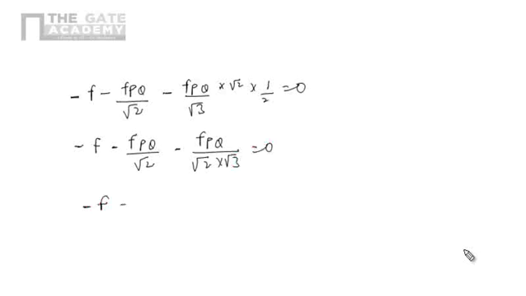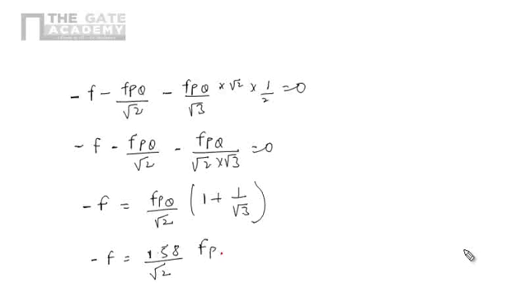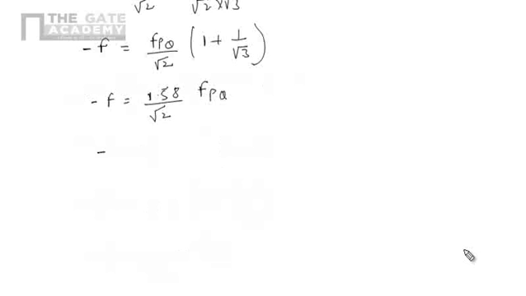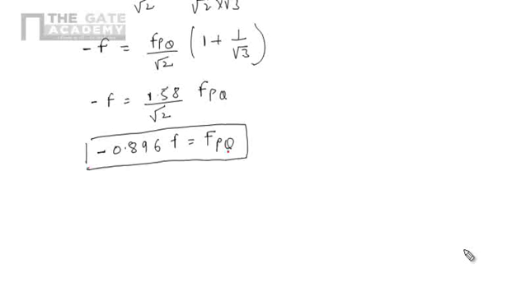Then we can write minus F equals FPQ by root 2, taking it common, times 1 plus 1 by root 3. So minus F equals 1.55 by root 2 into FPQ. So we will get minus 0.896 F equals FPQ. So now we have the value of force in member PQ in terms of F. It is minus 0.896 F.